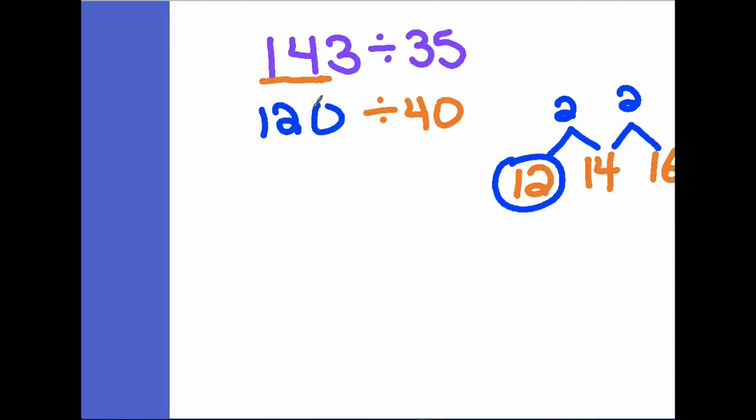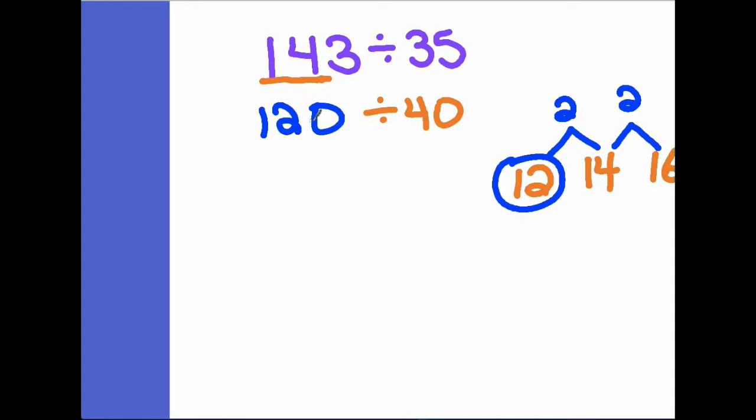Now, let me show you what would happen if we rounded like we've always done in the past. If we looked at this and said 143, what would that number become? It'd become 100, right? The way we've done it in the past. Does 4 go into 10 evenly?